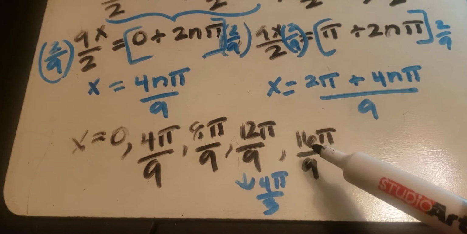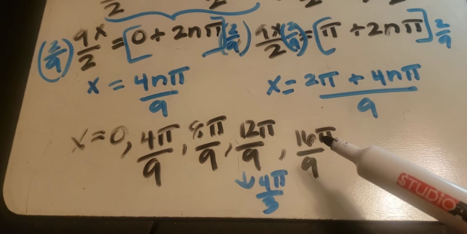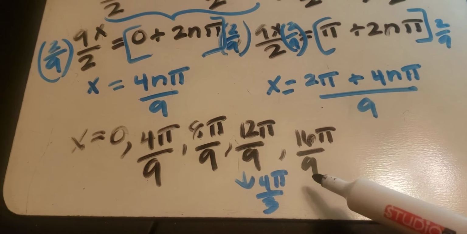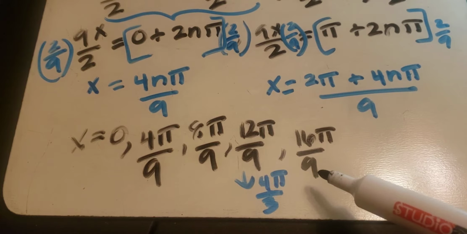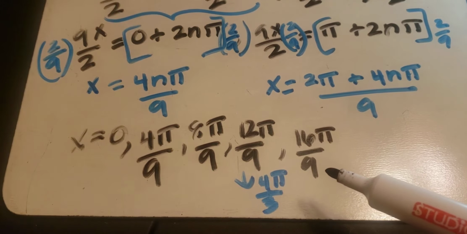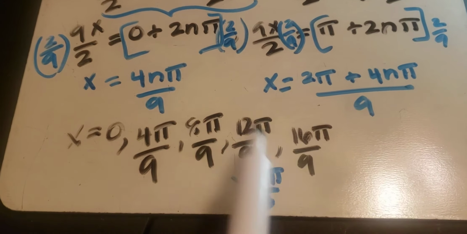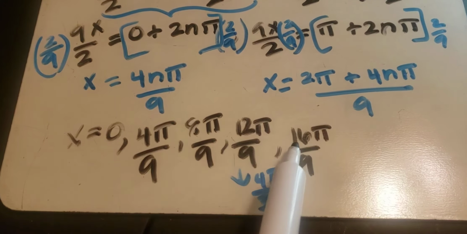So this is 4/3 pi, so it's just slightly over pi. 16 pi over 9 is 1 and 5/9, so it's not even 2 yet. So this is 0, 1, 2, 3, 4.